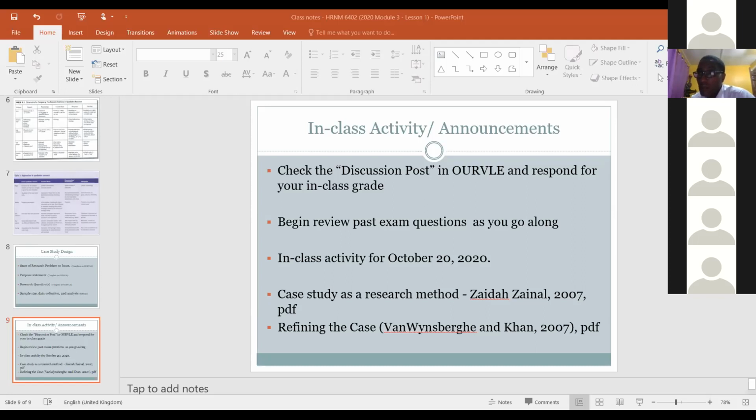Which also means the participants to that case study are carefully selected. And if you noted, for example, I spoke about purposive sampling, because somebody who was not there when the incident took place cannot be a part of the investigation.